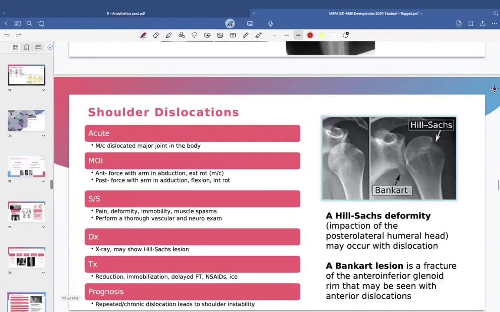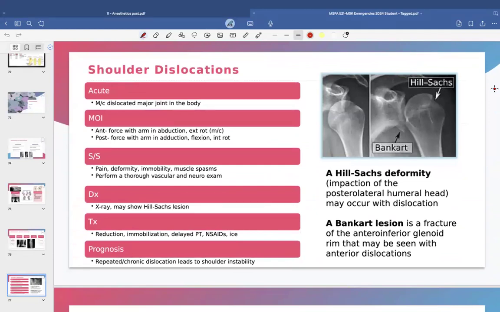Shoulder dislocation: shoulders are the most commonly dislocated joint in the body. Bankart and Hill-Sachs lesions, they love these. The Hill-Sachs is an impaction of the posterolateral humeral head that likely occurs with dislocations.